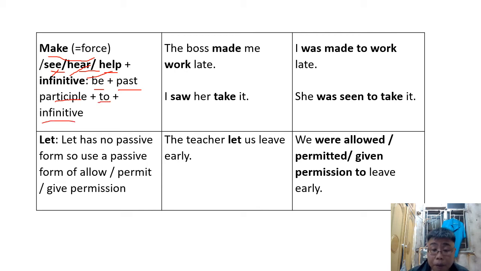Let's look at here. The boss made me work late. The sentence is in the past tense, and the main verb make becomes made.